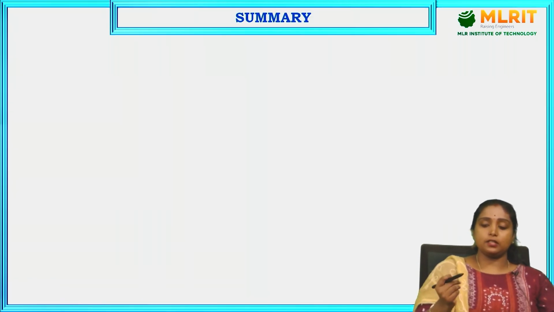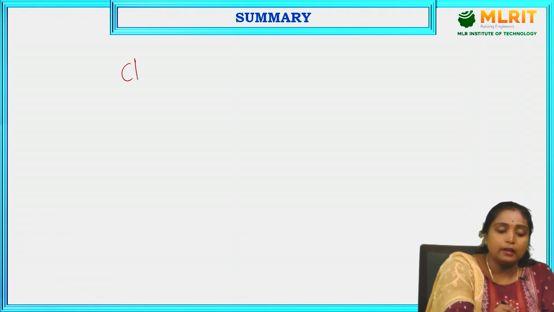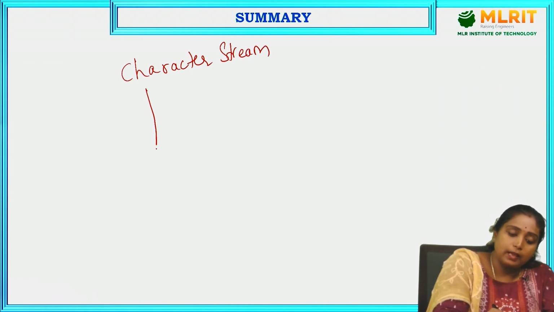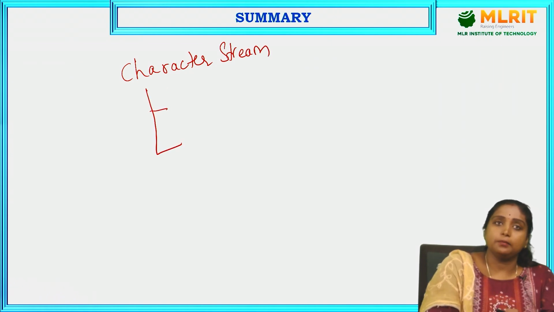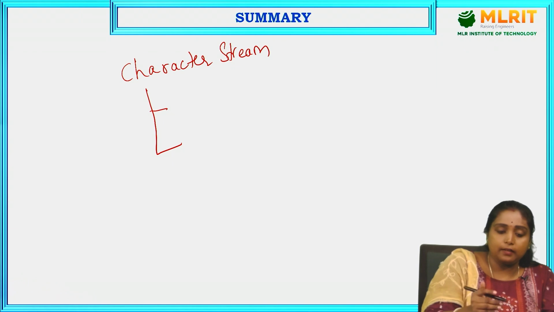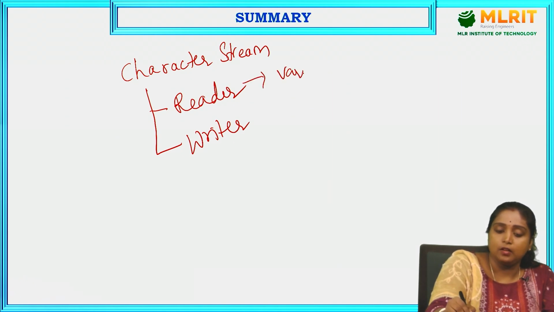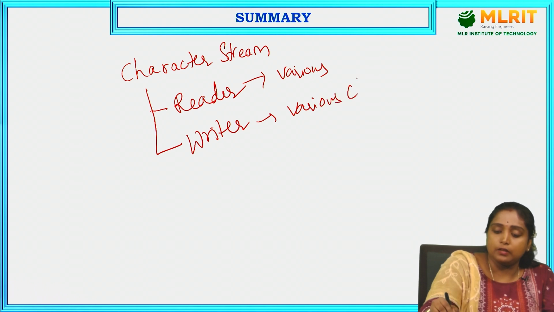So in this session, what you have learned is what a character stream is, and character stream input and output. That was the Reader abstract class and the Writer abstract class. Under them you have various Reader classes and various Writer classes, isn't it?